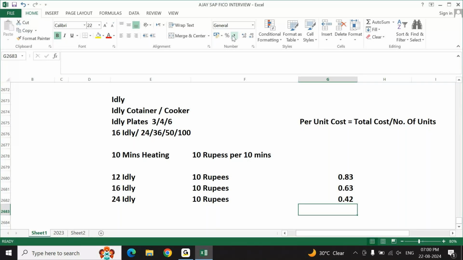Accordingly, you utilize it and plan your production, plan your manufacturing, to make sure that you achieve maximum output with minimum input or with less cost. Otherwise, you will be achieving the output, but you will also be incurring more cost, which is not ideal, not expected by any management, any organization.